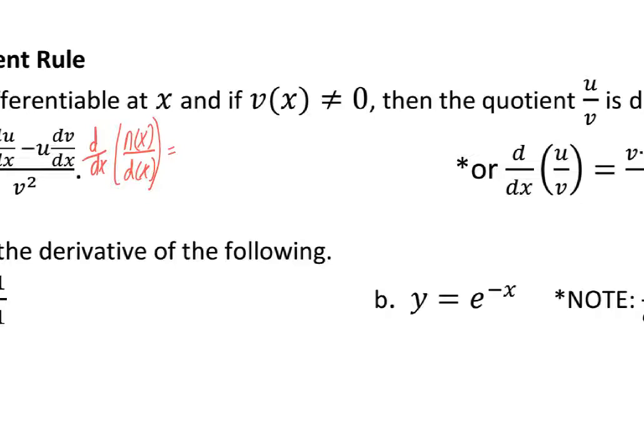I'm just helping myself out. So what you have is the denominator times the derivative of the numerator minus the numerator times the derivative of the denominator all over the denominator squared.